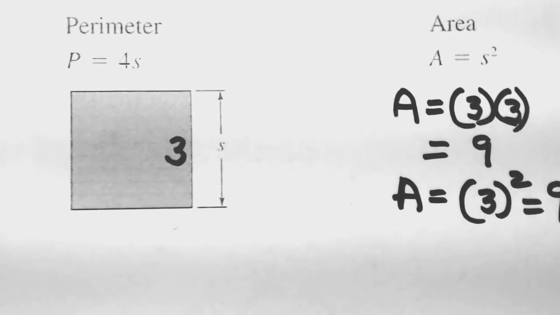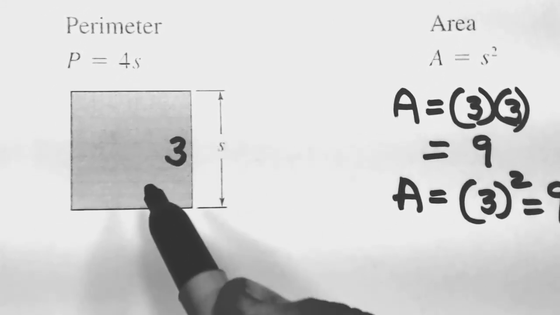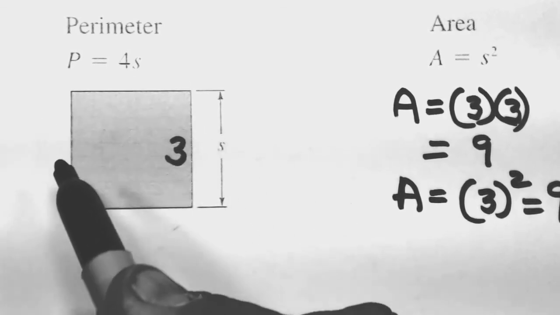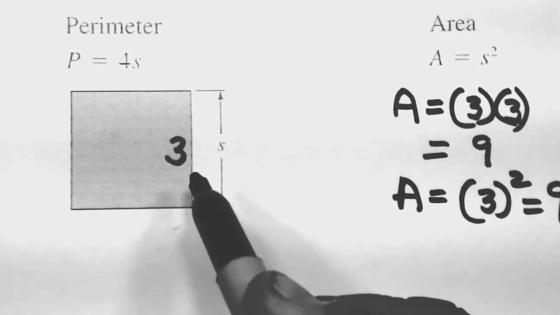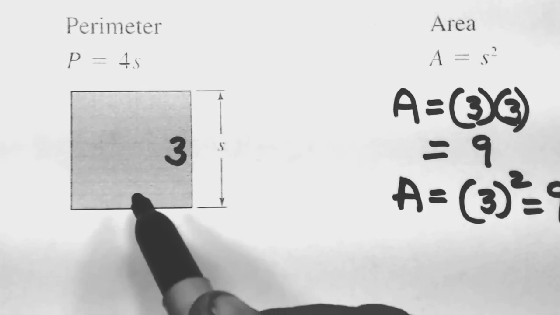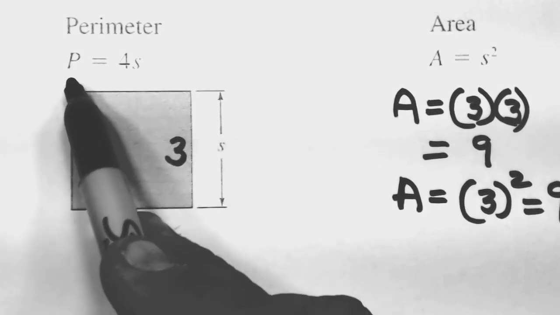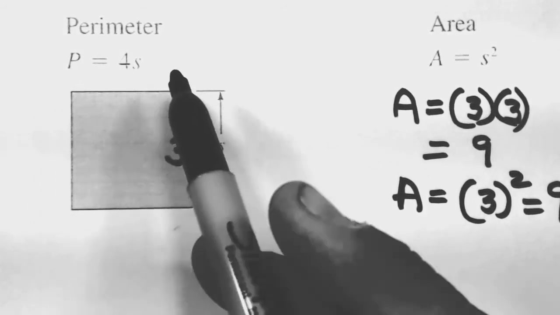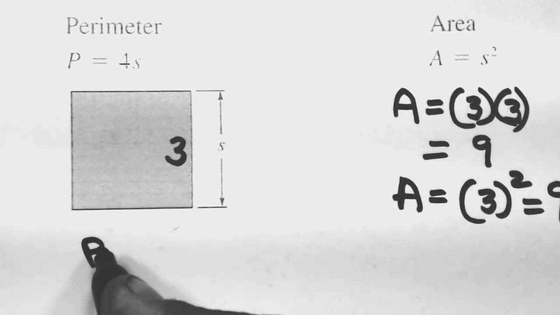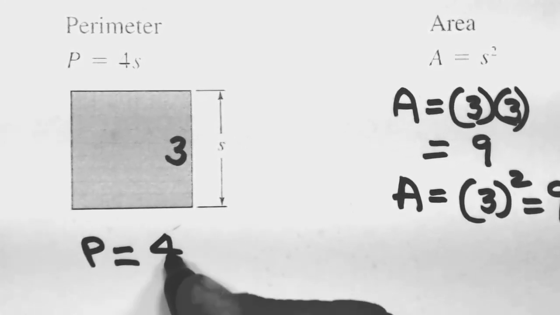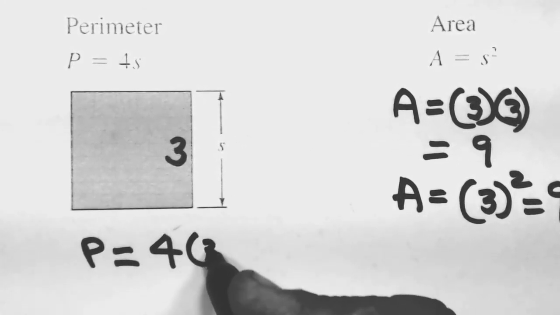Now, of course, the perimeter as well. And the perimeter, once again, is all the way around. Well, you're going to have 1, 2, 3, 4 sides. And if they're all the same, that's why we can say the perimeter equals 4 times S. In our case here, P equals 4 times our side, which is 3.